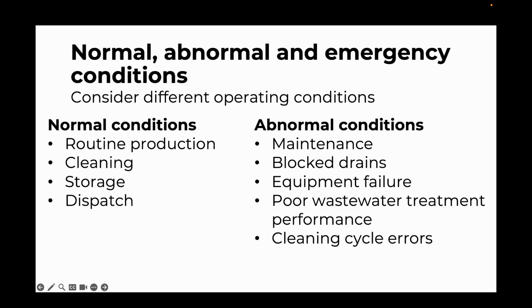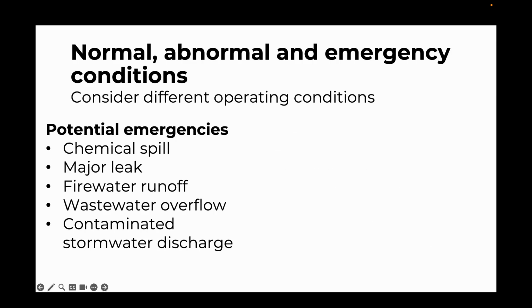Abnormal conditions may include maintenance activities, blocked drains, equipment failure, incorrect chemical dosing, or wastewater treatment problems. Potential emergency situations may include chemical spills, major leaks, contaminated firewater, or wastewater overflow. And this is why the aspects register should include more than routine operations. It should help BlueRiver understand where environmental harm may occur under realistic operating conditions.